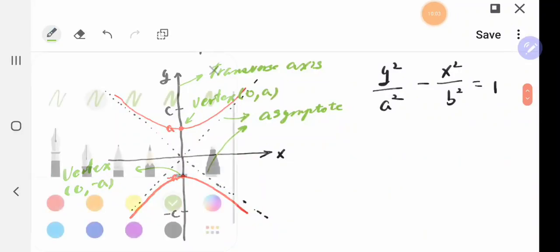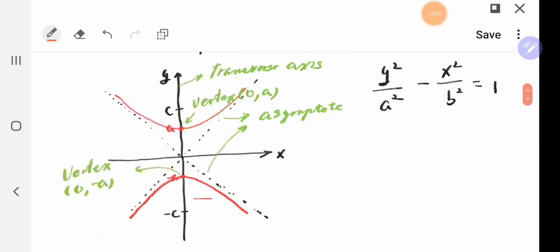And the focus is this one. This is focus 1, that is x equals 0, y is negative c. Another focus has the coordinate x equals 0, y is c.